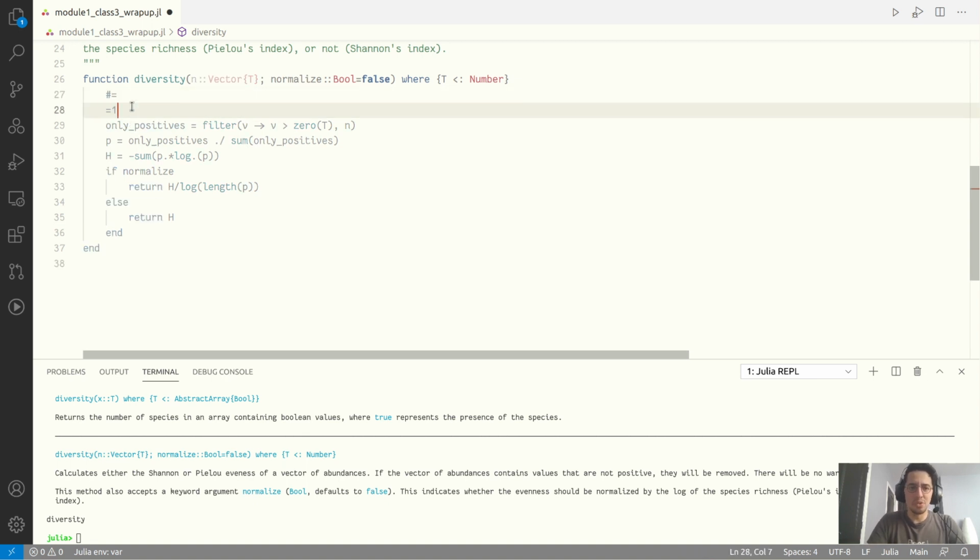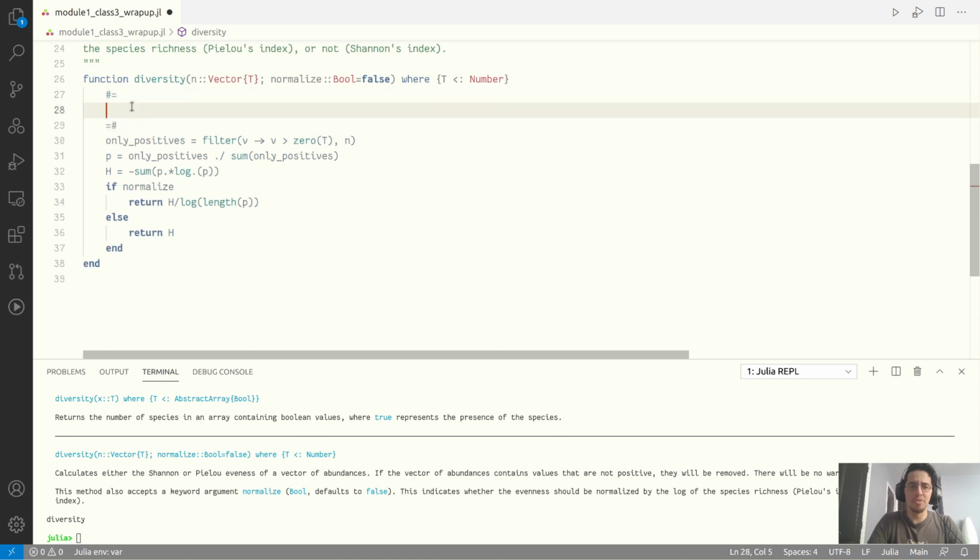So let's use a block. To define a block of comments, it's pound sign equal and then equal pound sign. And we're going to say, evenness measures only work on positive values, so we need to keep only these values.